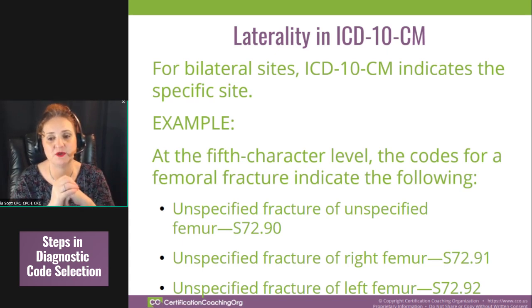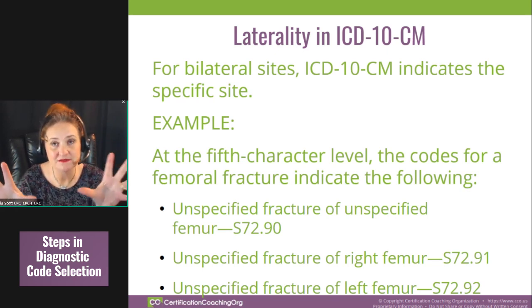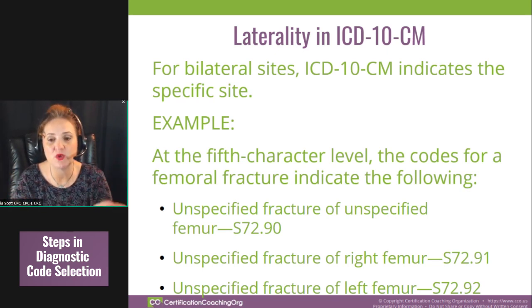But we know that it's the right femur, and so that is a 1. Now, predominantly, not always, right tends to be 1 and left tends to be 2 throughout the manual. Not every single time, but 95% of the time. And 3 might be bilateral, like if the person broke both femurs.